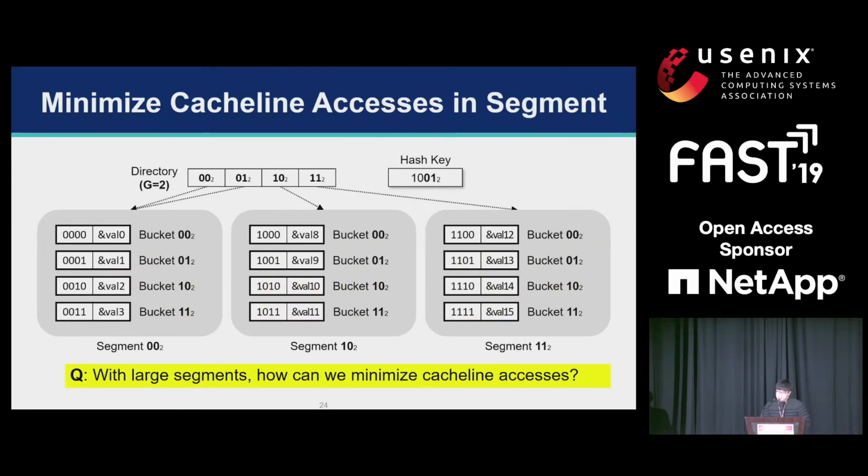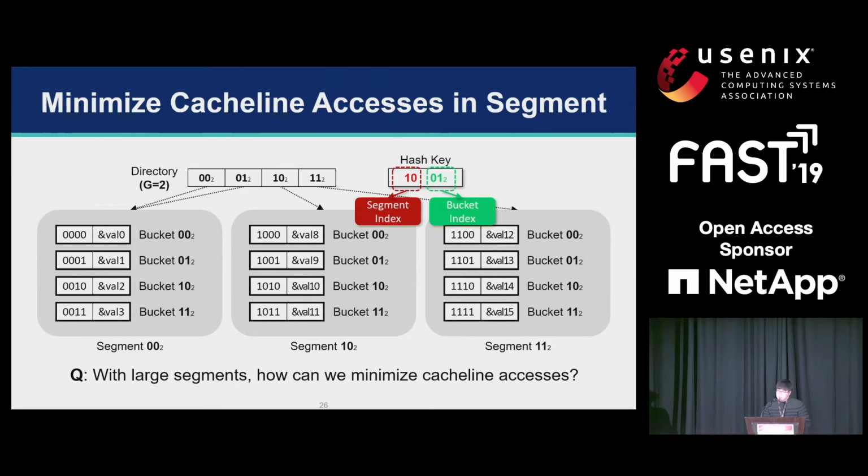Although CCEH uses a large segment, we do not want to access every cache line in a segment. So the question is, how can we minimize cache line accesses? While legacy disk-based extendible hashing uses a hash key just for the directory, CCEH uses another part of the hash key to index a bucket in a large segment.